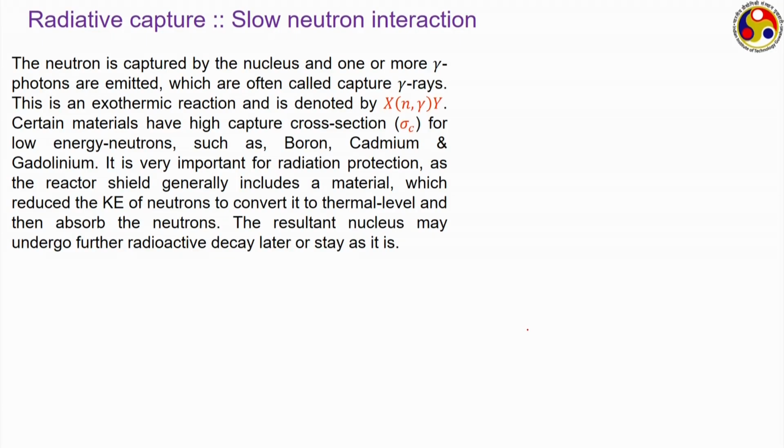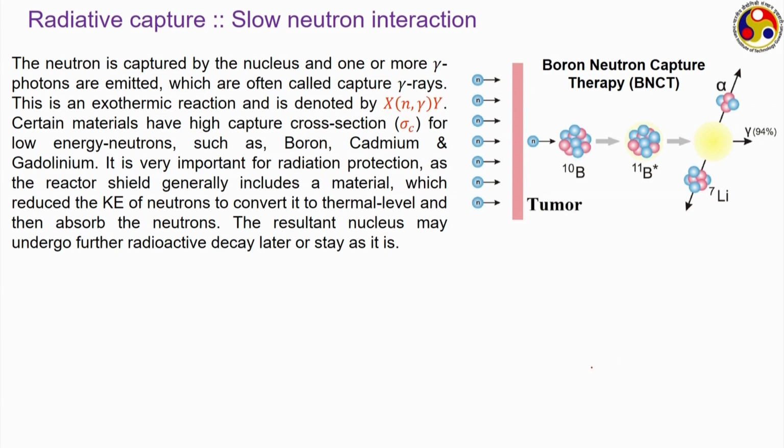The first one is radiative capture, which is generally a characteristic of slow neutron interaction. Here the neutron is captured by the nucleus, leading to the formation of an excited nucleus. Like in this diagram, a boron 10 isotope is absorbing one neutron, leading to the formation of a boron 11 isotope of very high energy, and that new isotope can go back to its ground state by ejecting gamma photons.